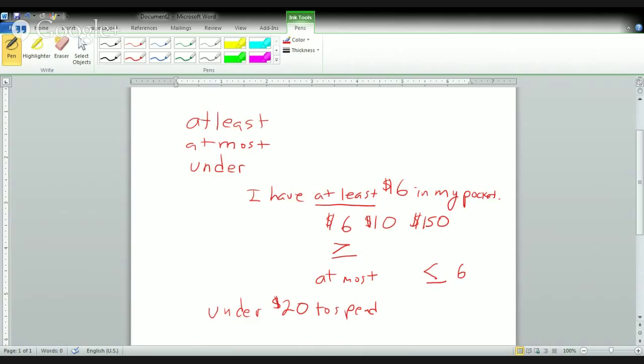Well, is that greater than? No. Is it equal to? No, if it's only under $20. So under could be, if I had 10, that is less than, and it is under $20. So when it comes to the vocabulary, I like to use that idea of money in my pocket.